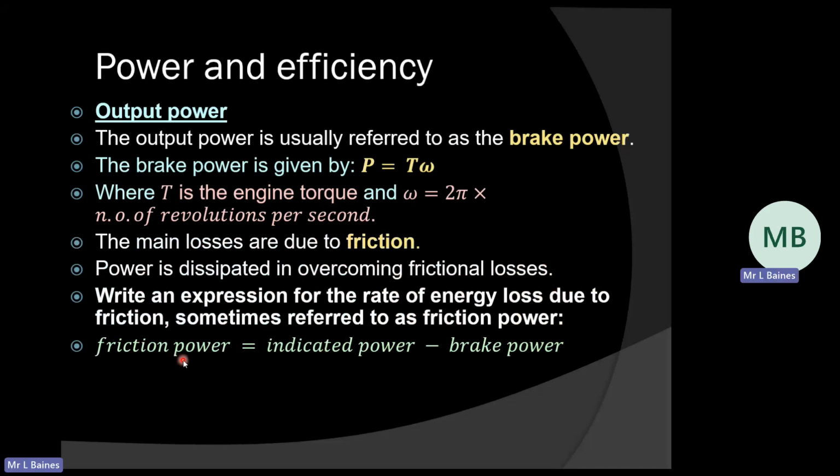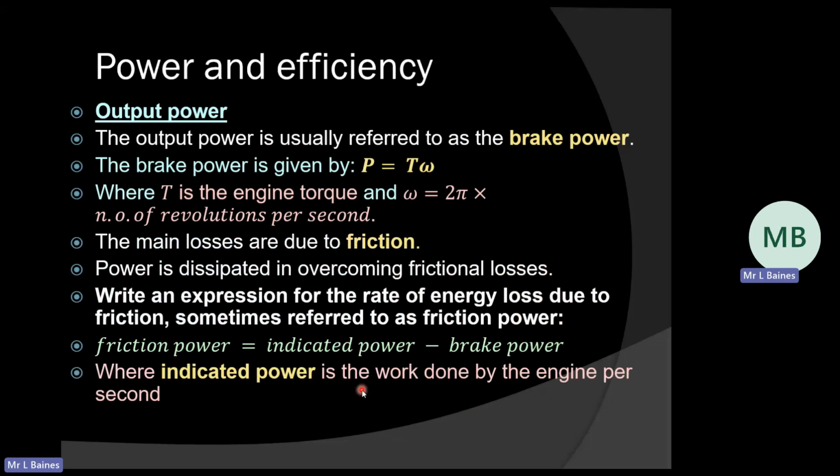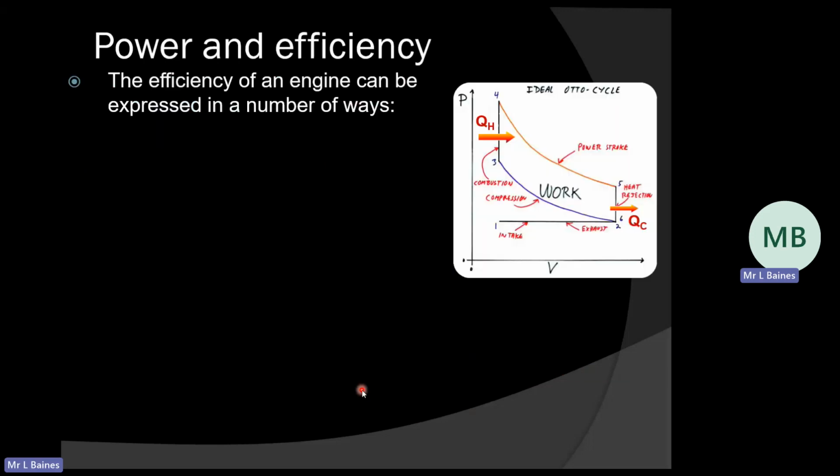The amount of power that I lose is my indicated power, the work done by the engine, minus my brake power, the amount that I can physically use at the end. Okay, you can also think of this in a different order. So my indicated power, the work done by the engine, is equal to frictional power plus my brake power. Okay, so not all of it is going to be able to be used. Indicated power is work done per second by the engine. That comes from our indicator diagrams.